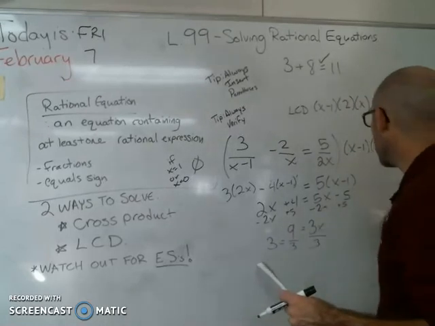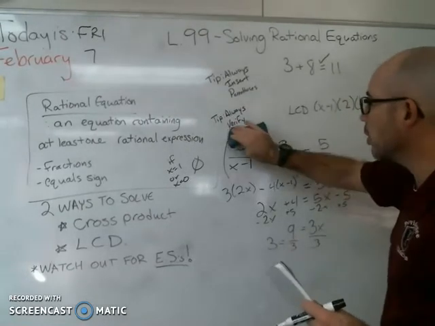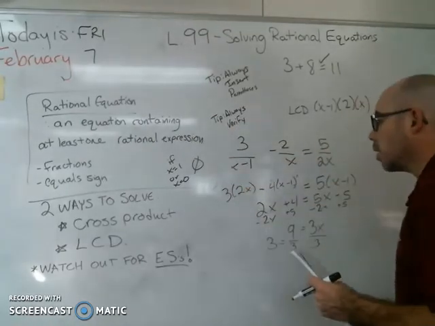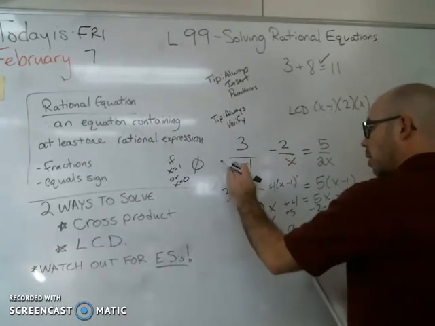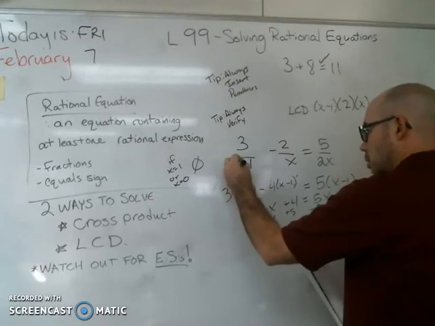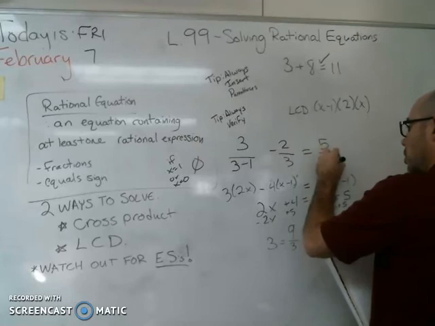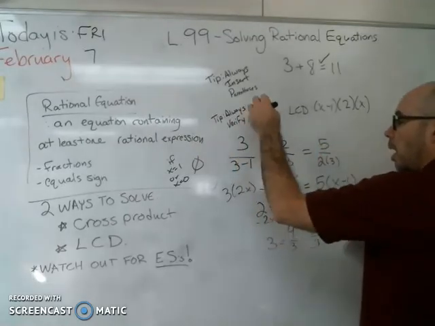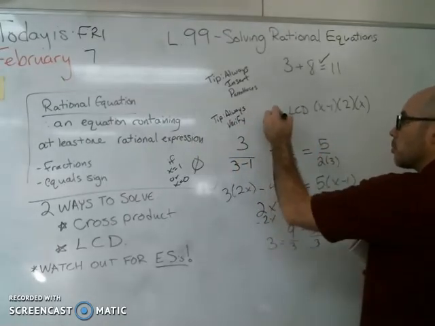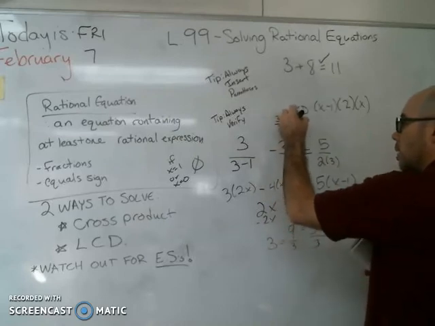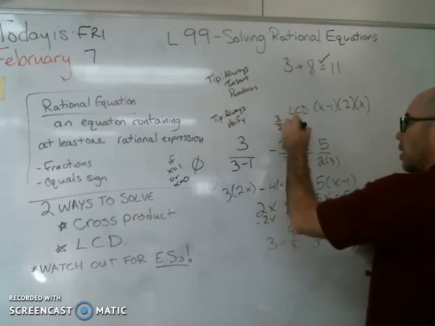And then to verify, I'm going to go back to our original equation, and I'm going to see if 3 still works. Put a 3 here, put a 3 here. And we get 3 over 2 minus 2 over 3.